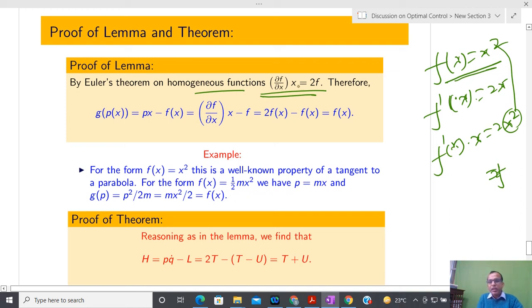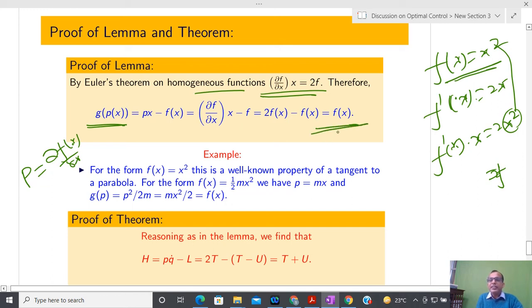That result I am going to use. g(p), the new function after Legendre transformation, is px minus f(x), and p I know, because we calculate p as p equals dou f by dou x. So in place of p, I substitute dou f by dou x, and I know that x times dou f by dou x is nothing but 2f, so 2f minus f is basically f(x).